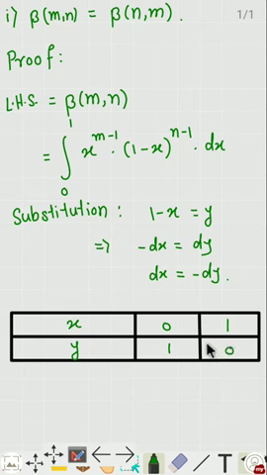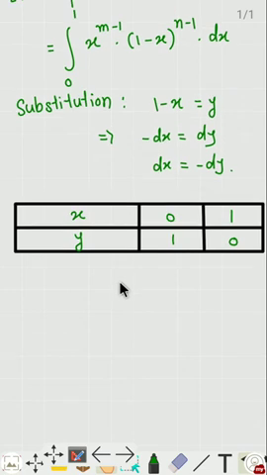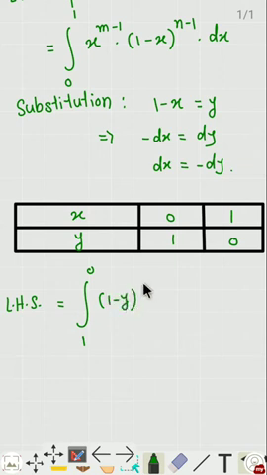So after substitution, the left hand side becomes LHS is equal to integration over 1 to 0, instead of x I write 1 minus y raised to the power m minus 1, into y raised to the power n minus 1, and instead of dx write minus dy.